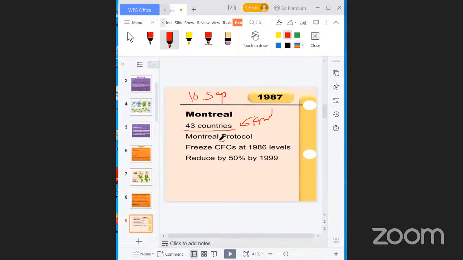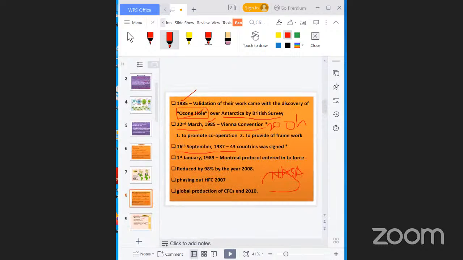They agreed to freeze the production of chlorofluorocarbons at 1986 levels and reduce production by 50% by the year 1999.